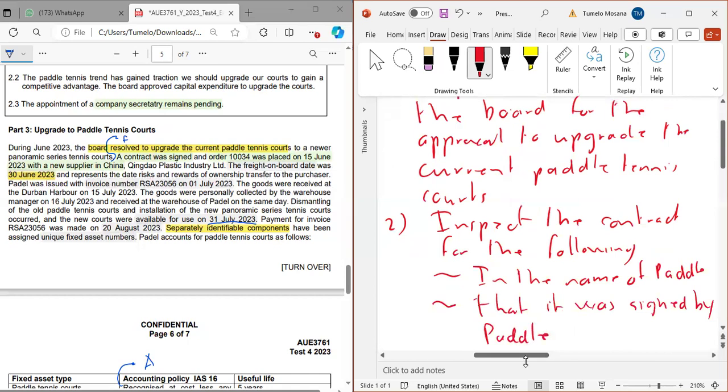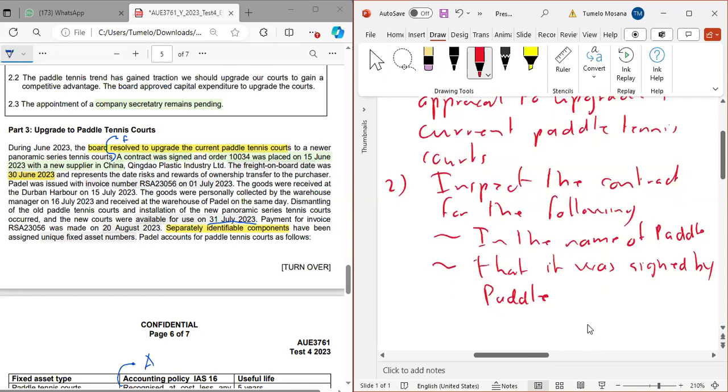So every time you read the scenario, you come up with something that could have been done wrong or that could have been done for fraud, right? So order 10034 was placed on the 15th of June, right?